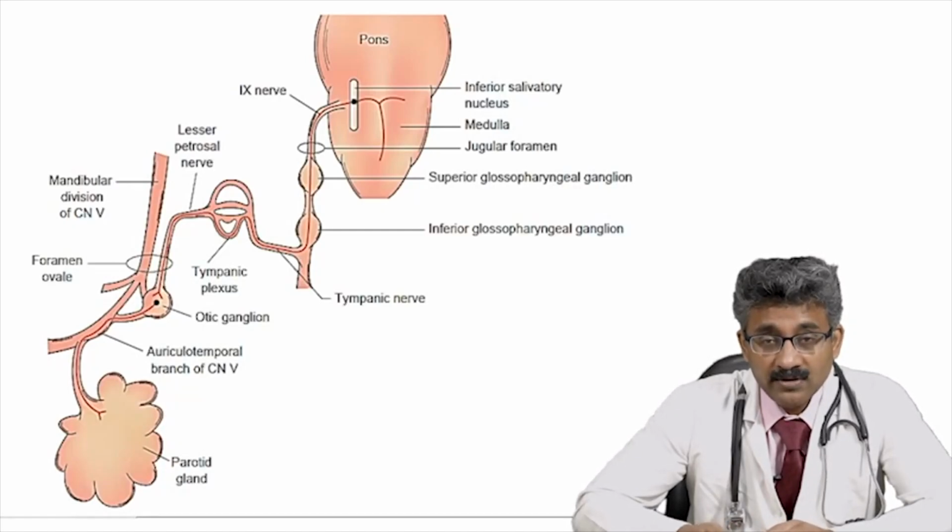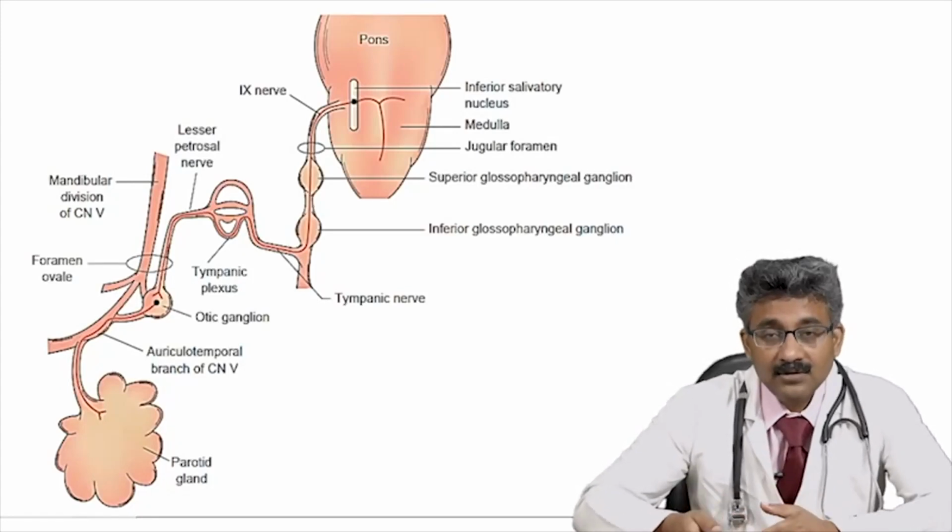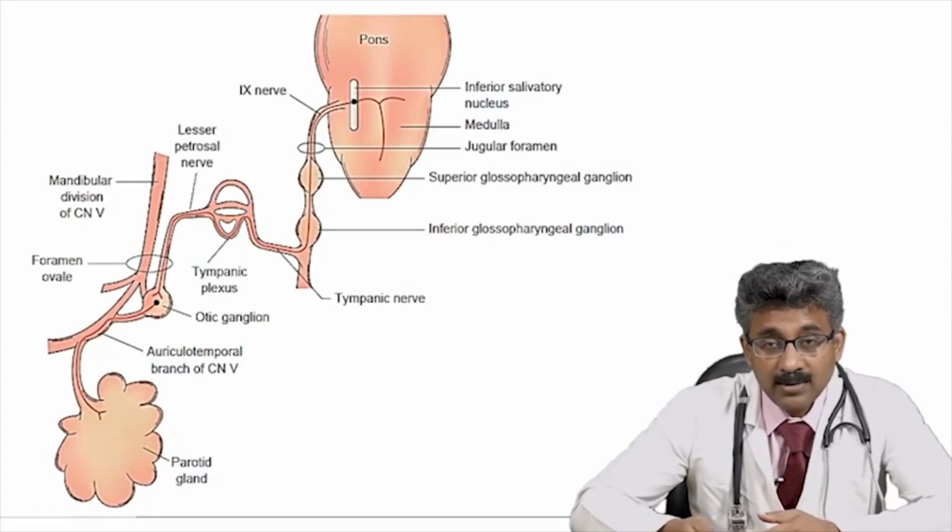Ipsilateral oculomotor nerve palsy with contralateral tremor is Claude syndrome. The combination of ipsilateral third nerve palsy with contralateral tremor and hemiplegia is Benedikt syndrome. Nothnagel syndrome is ipsilateral third nerve palsy, ipsilateral cerebellar ataxia with a vertical gaze palsy.